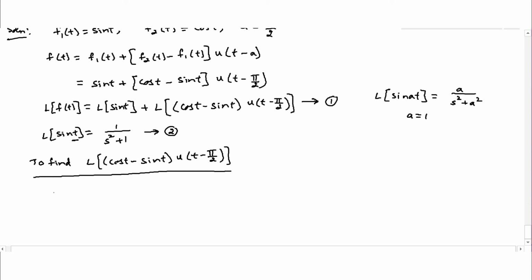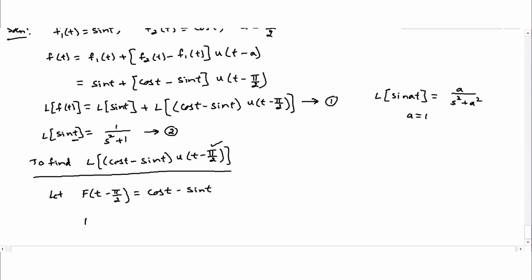For that, I will take the value of capital F of (t − a). In this case, the value of a is π/2. So F of (t − π/2) will be nothing but cos t − sin t.